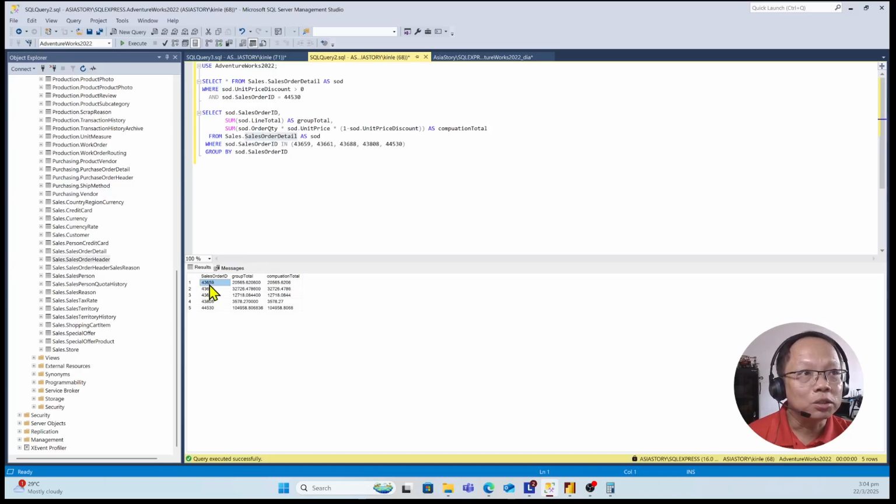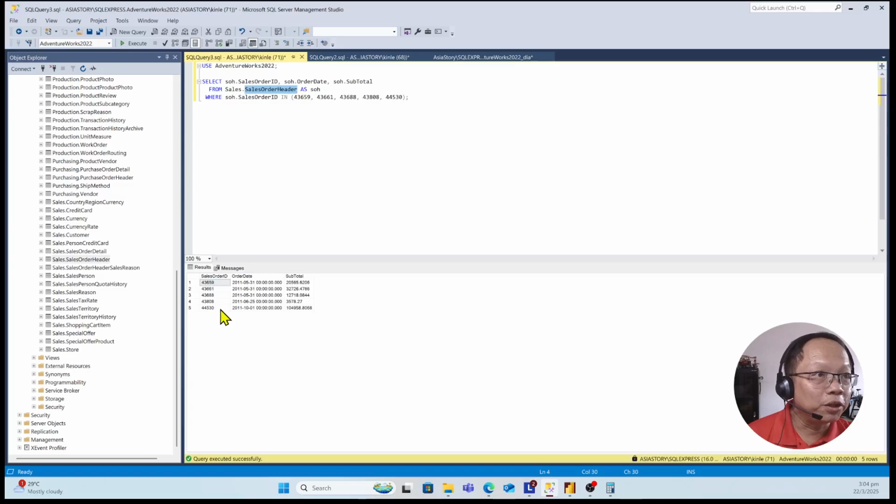Let's do the last one, which has the discount, 44530. I have 104958, so these two are the same. 104958.